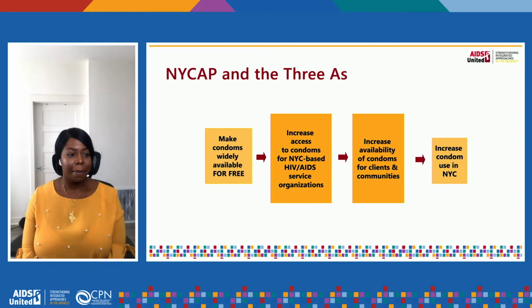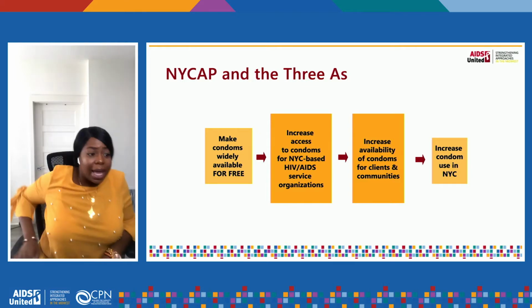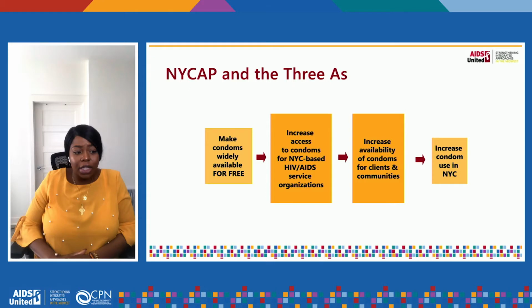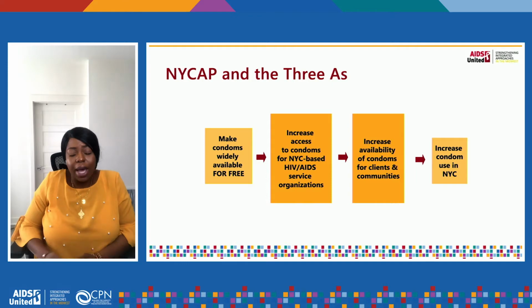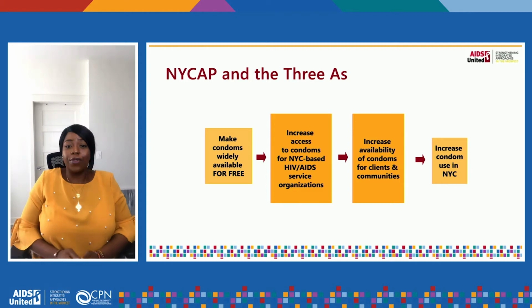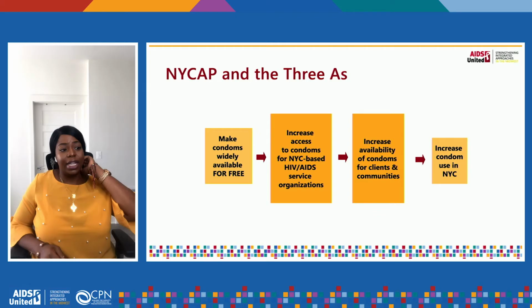So this is the foundation of NYCAP. This was from the strategic plan in 2006 when the decision was made to have a municipally branded condom. All right, so the first step was to make condoms widely available for free. Additionally, the next step was to increase access to condoms for new HIV/AIDS service organizations.